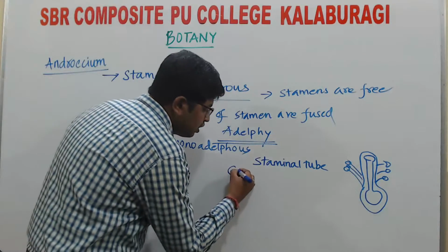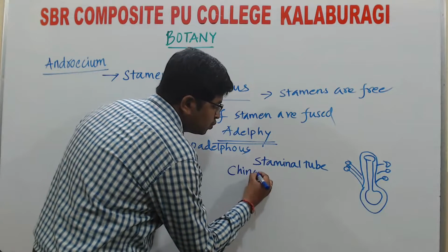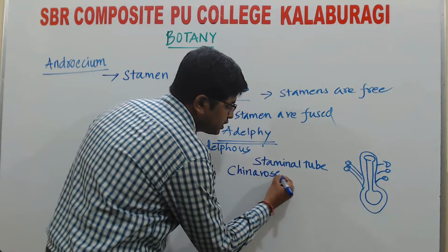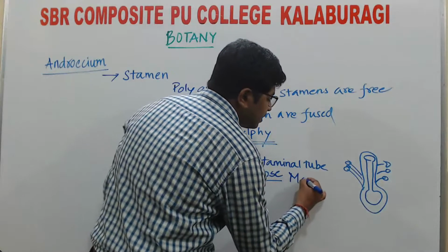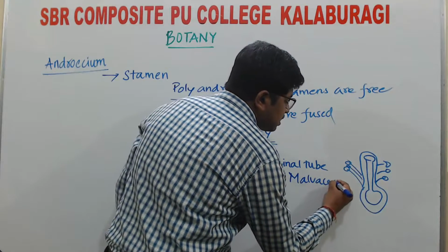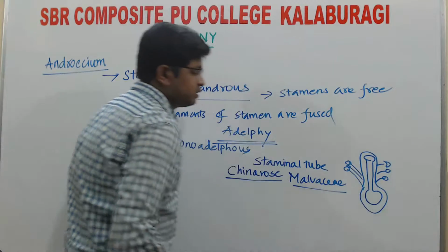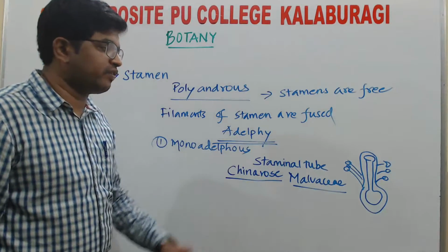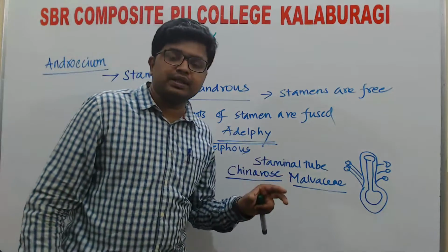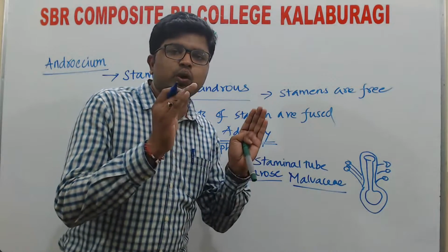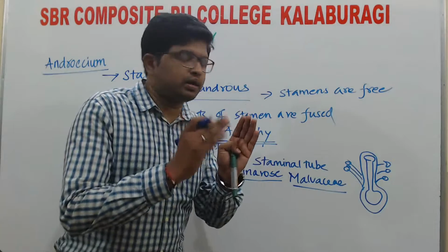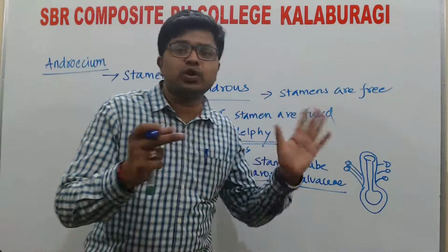Where will we observe it? We will observe it in China rose. China rose is a hibiscus, which is of the Malvaceae family. Remember this. Now, the monoadelphous condition is simple: the stamens are present in one bundle. When they are free, you call it polyandrous.